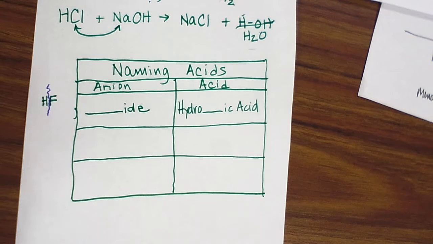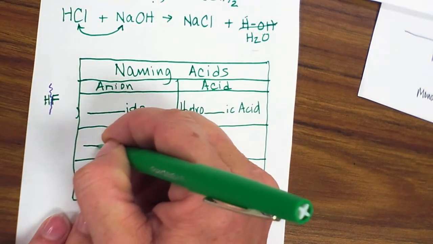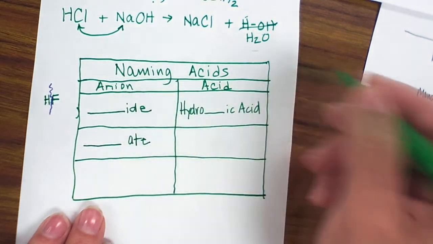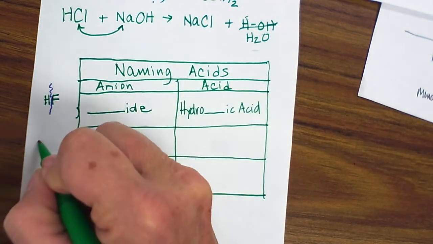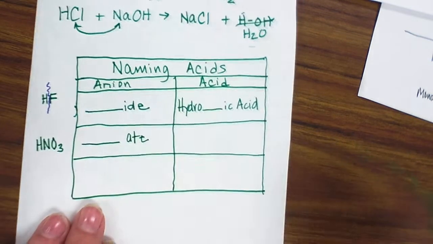So knowing those polyatomic ions is very important. Knowing all of the ions that end in IDE. Knowing that it's nitride, so you know it's hydronitric acid. Okay? Next, what if the anion ended in ATE? So we had, for example, HNO3. What is that?